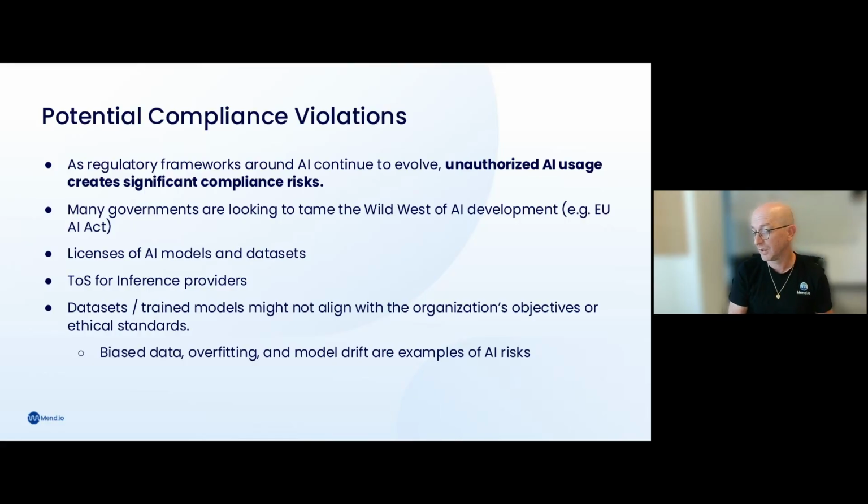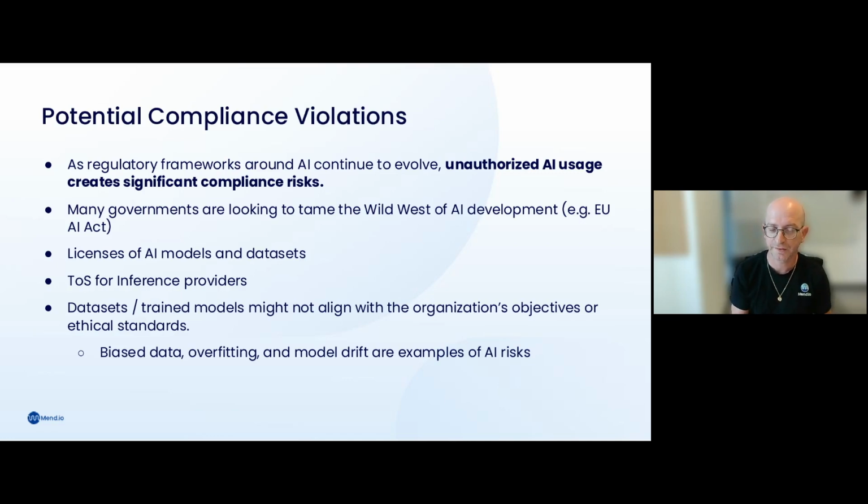So far I talked a lot about security risks, but it's important to also take into consideration that this shadow AI comes with a lot of potential compliance violations, which in many cases is as important as the security one.